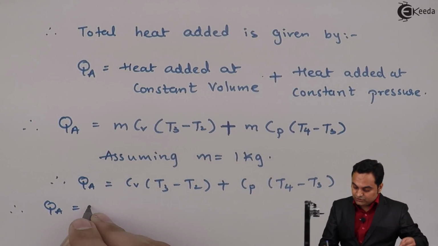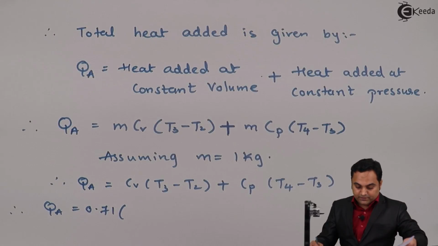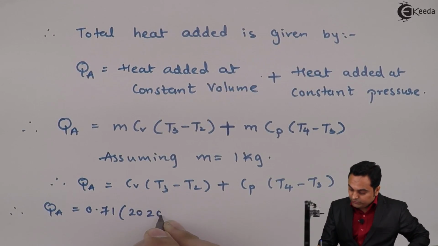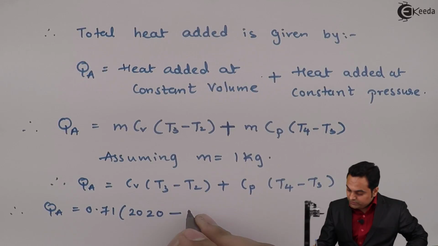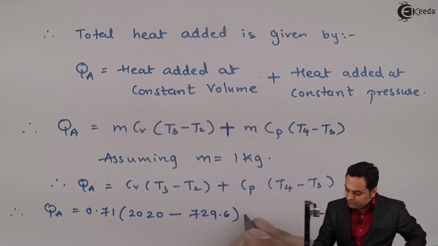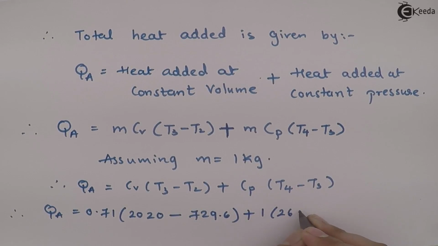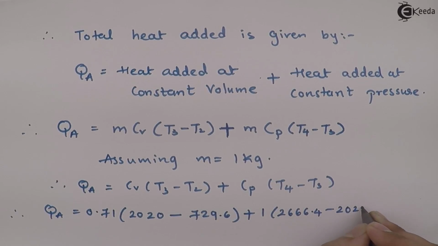Next, temperature T3 was 2020 Kelvin, minus T2, 729.6 Kelvin, plus Cp value is 1, T4 is 2666.4, minus T3 is 2020 Kelvin.